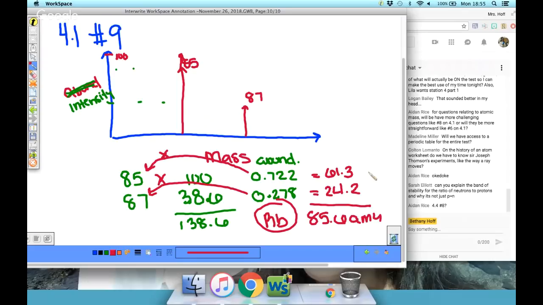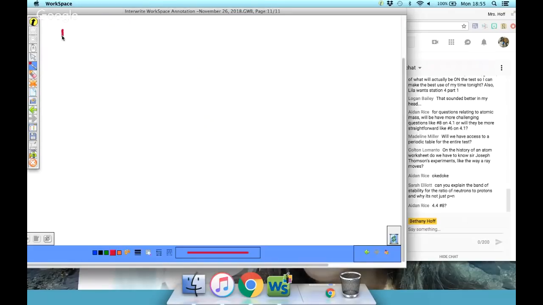4.4, number 8. Okay, this will be the last problem I do, you guys. So let's go ahead and look at station 4.4, number 8.